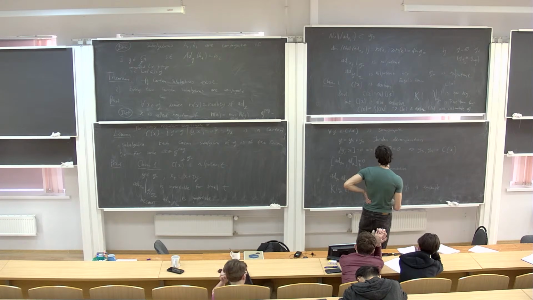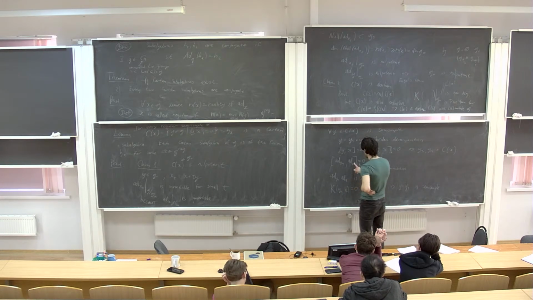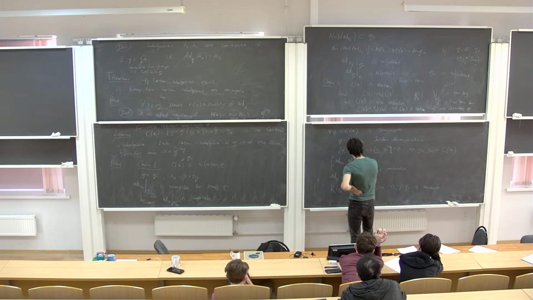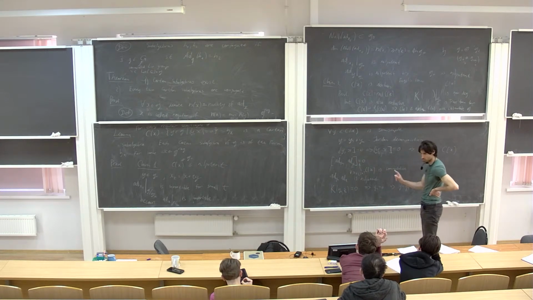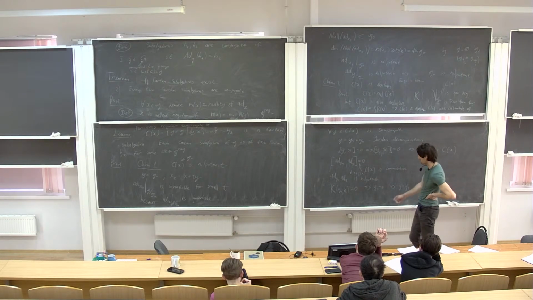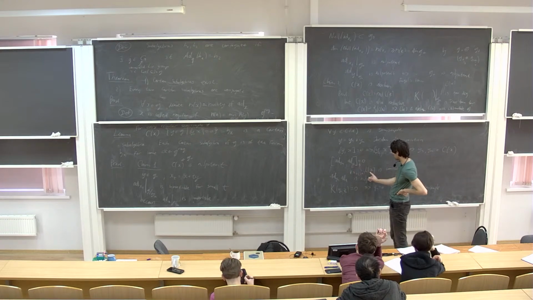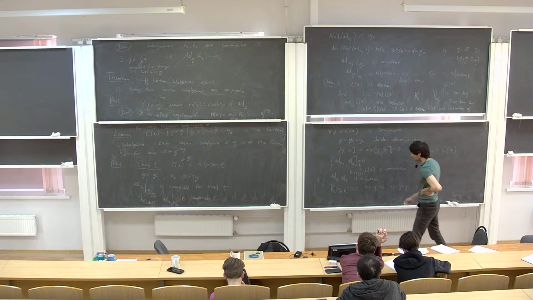Right. This is for any z. I'm sorry, this is for any z from C of x. That's why. Yes, you're right. This should be done like this. Otherwise, this implication is not correct. But still, if z is in C of x, the commutativity gives me this.